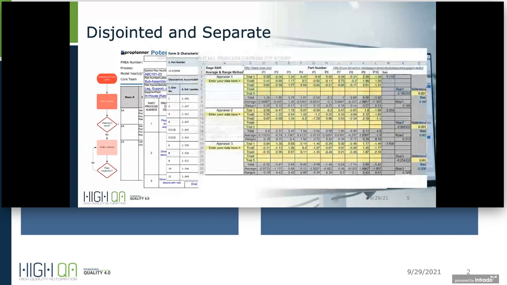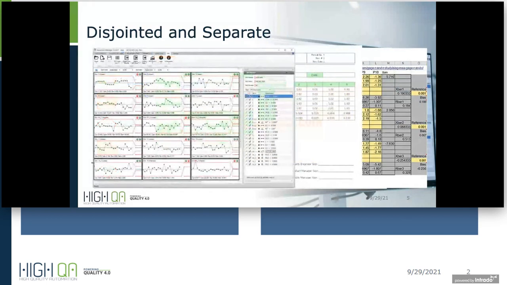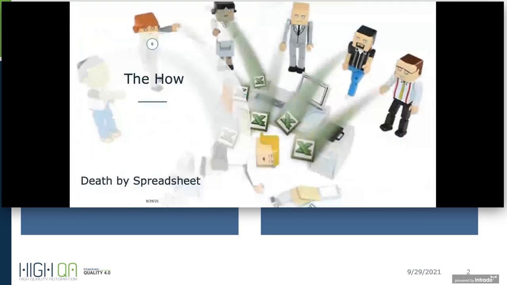These are commonly all separate systems or separate documents that need to be maintained and kept track of within your quality system. As the quality engineers with us today will attest to, this is commonly referred to as death by spreadsheet. There are so many different forms and spreadsheets and documents and lists to maintain and track and coordinate. A lot of companies have full-time employees whose only job is to compile PPAP submission documentation.